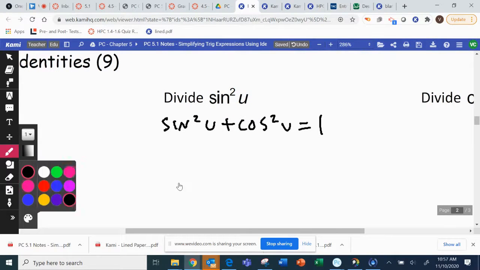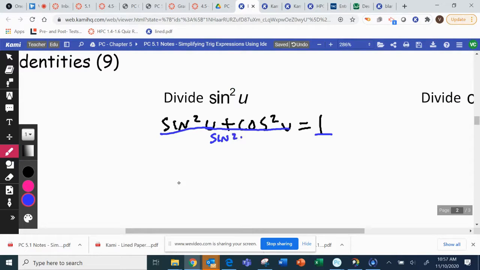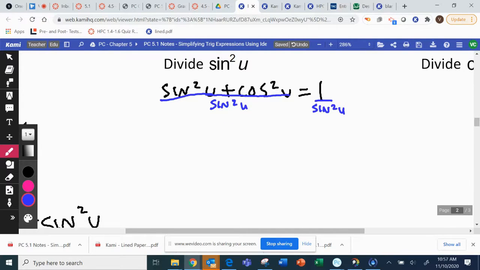And we're going to treat this like an equation where we just divide everything on both sides by sine squared u. If you are dividing both sides by sine squared u, on the side that we have two terms, you're allowed to separate the numerator by distributing that denominator.